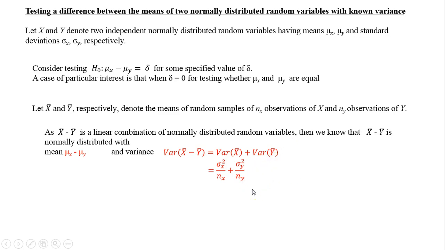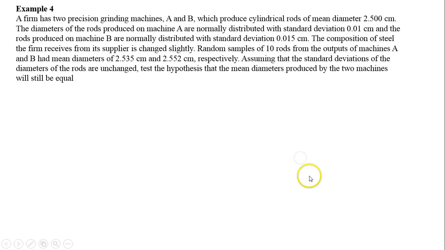So it's sigma x squared over n of x plus sigma y squared over n of y, as we're talking about the means.